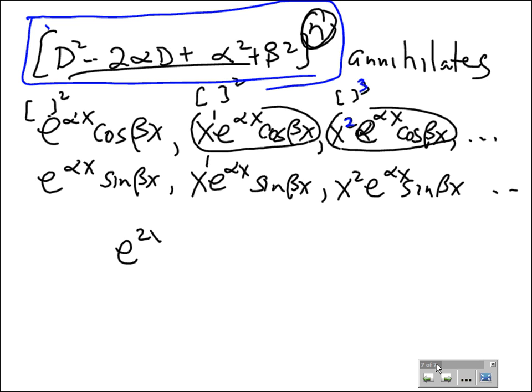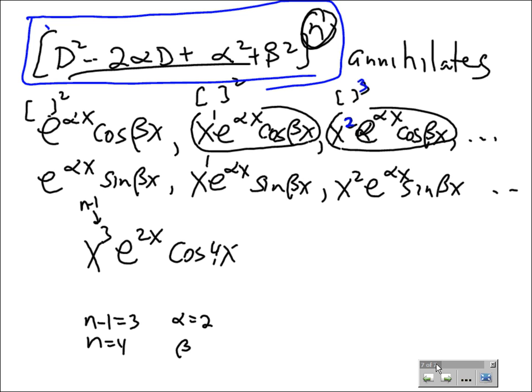You have x cubed e to the 2x cosine of 4x. Remember, that power is always 1 less than n. So n minus 1 is 3, so n is 4. And alpha is 2, that's a. And beta is 4.